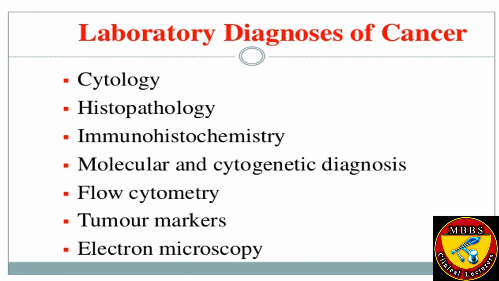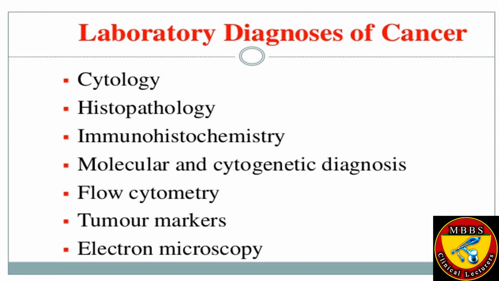And the first one is cytology. In this technique, we are going to see single cells or individual cell morphology. While in histopathology, the tissue is evaluated for the particular disease or cancer.